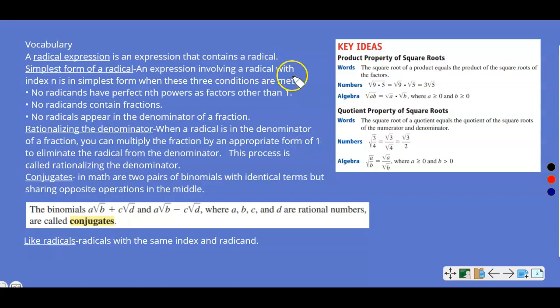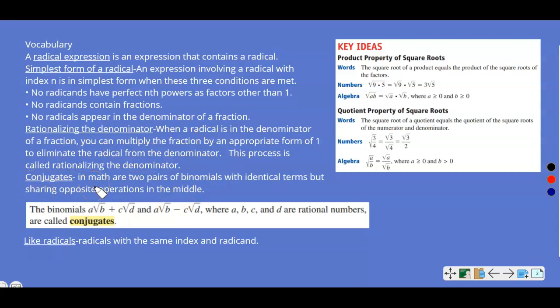If you have 4 divided by 4, you know that equals 1. Or if you have the square root of 2 divided by the square root of 2, that's equivalent to 1. Anything divided by itself is equivalent to 1. So when we're rationalizing the denominator, we're going to multiply by a fraction that's an appropriate form of 1 to eliminate that. So we'll look at examples of that.